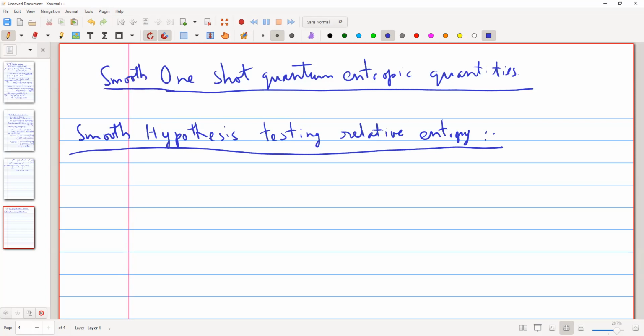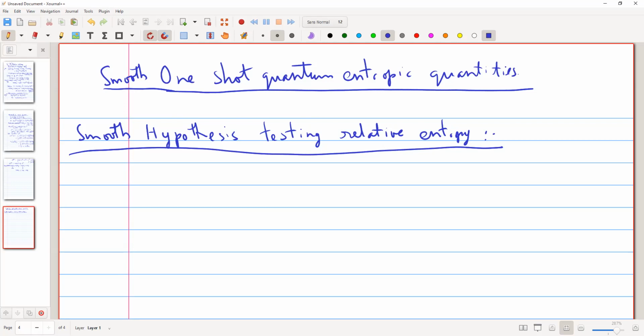So classically, we had done quite a bit of study. We had defined the entire Renyi family, D alpha, and the smooth Renyi entropies. But then we said that all the Renyi entropies basically boil down to 3 of them. The D alpha for alpha less than 1 boils down to D0, which is strongly related to the smooth hypothesis testing relative entropy.